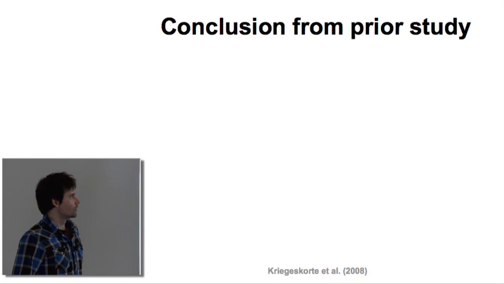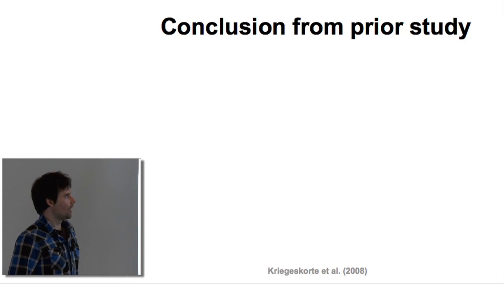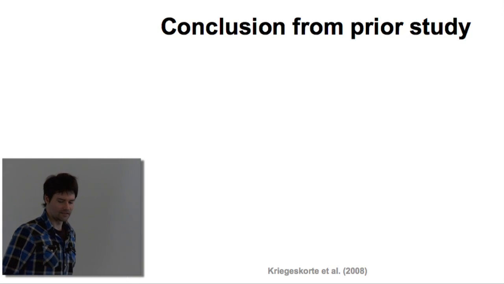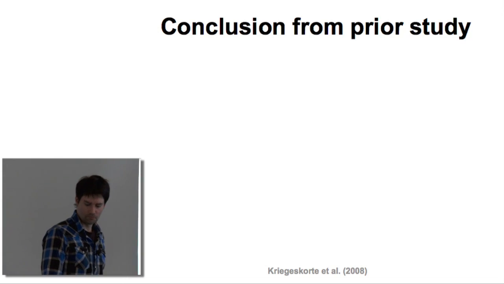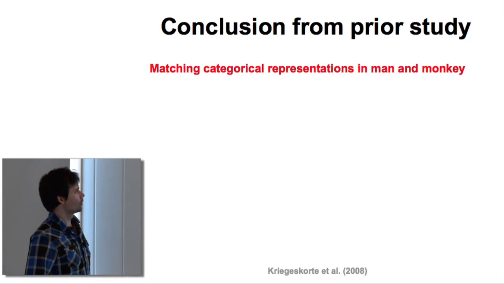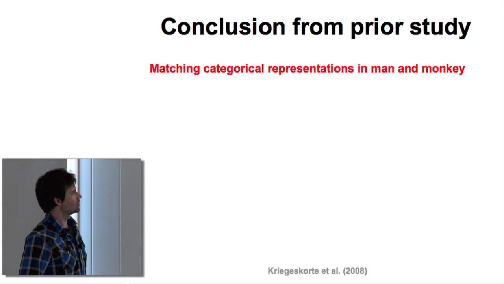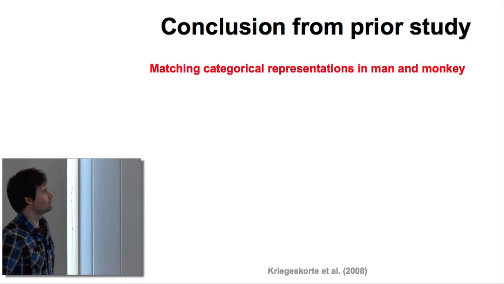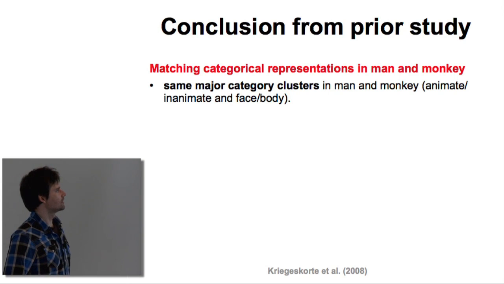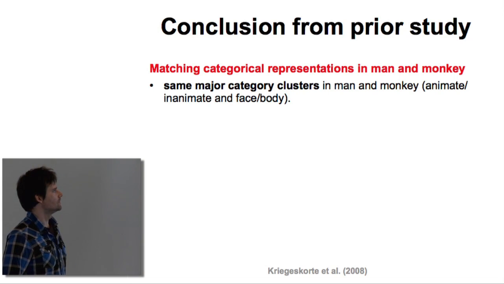So our conclusions from the prior study that I showed you some highlights of were as follows. I'm summarizing them because the two more recent things that I want to talk about build on that. We saw matching categorical representations in man and monkey, and we found the same major category clusters in both species.